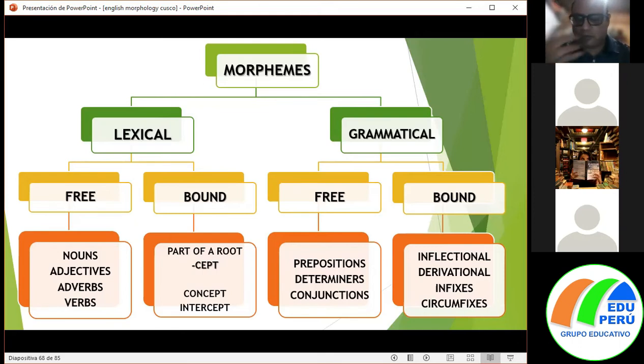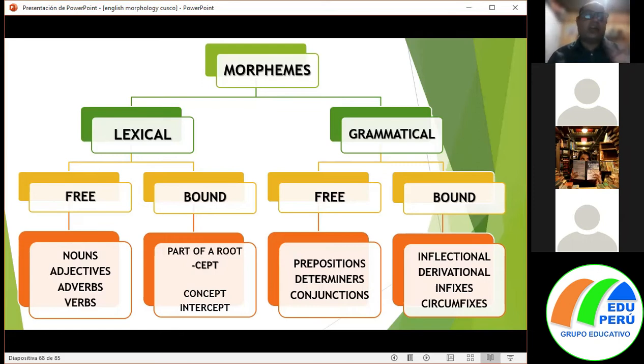Then we are going to talk more about it. And as I told you before, if we talk about morphology in general, we have infixes and circumfixes. But in English, we don't have infixes and circumfixes. We have a kind of circumfix, but not exactly. And we also use some infixes, but they are not according to the grammatical rules. They are just colloquial.